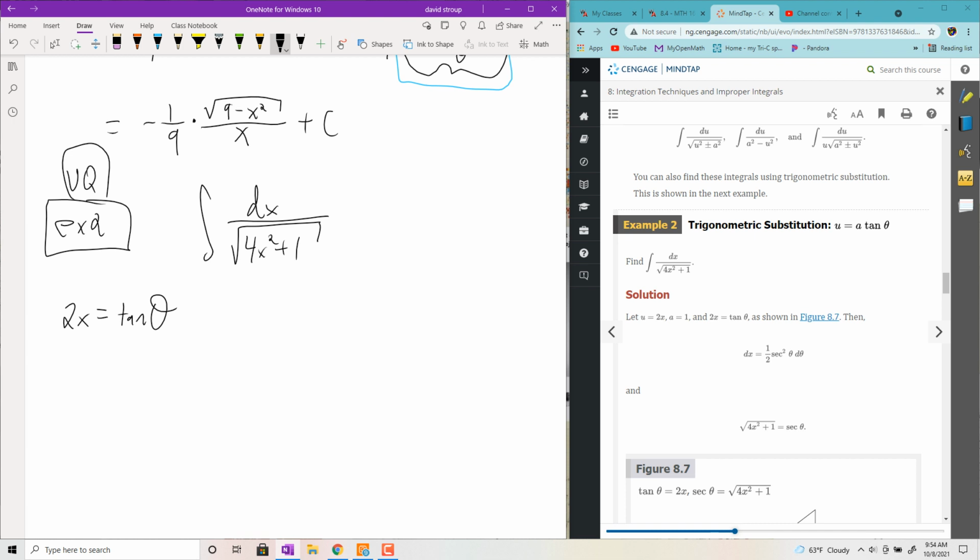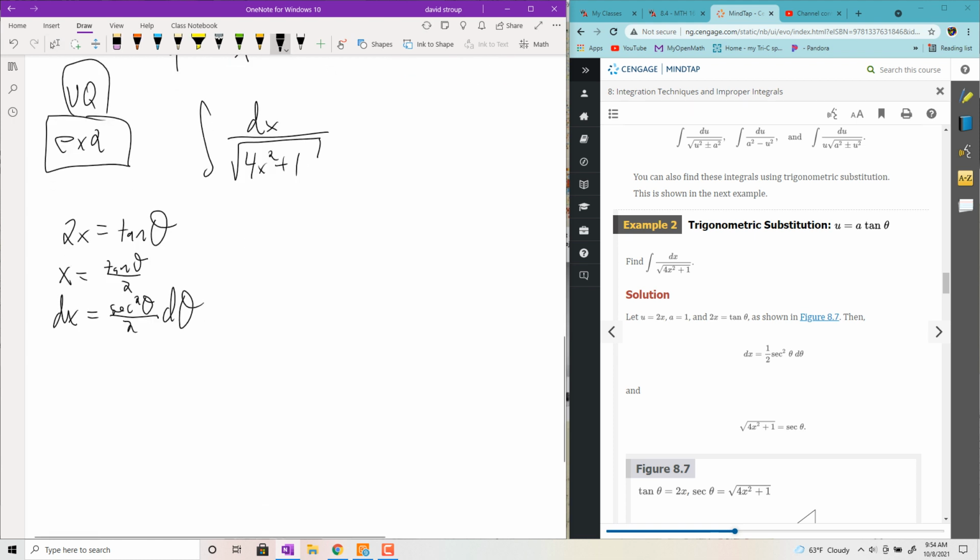Okay, I'm going to divide both sides so I can get my differential. So x is equal to tan theta over 2, and then dx will be equal to secant squared theta all over 2 d theta. All right, so that's what I need to begin. Then I'm going to take this guy as usual and solve for theta.